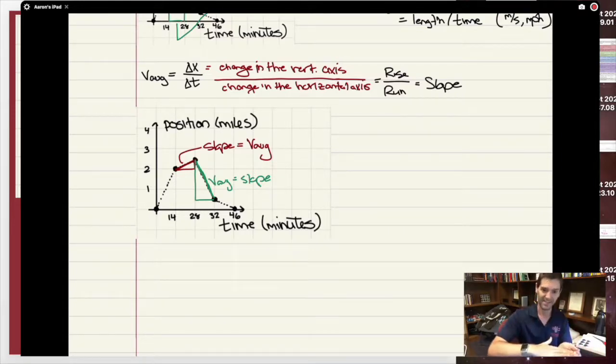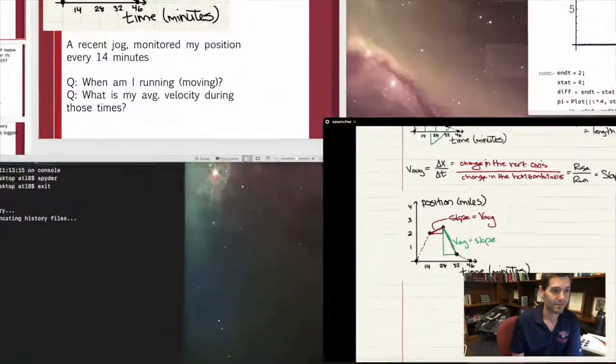The horizontal axis corresponds to time, whereas the vertical axis corresponds to position, which we're using the symbol x in this case. So in this case, rise over run is something more like delta x over delta t. In general, it's just delta whatever the y-axis is, divided by delta whatever the x-axis is. So something to be careful of. Don't just immediately think, oh yeah, slope is delta y over delta x, because in a math class those symbols might have different meanings than the way I'm using them.